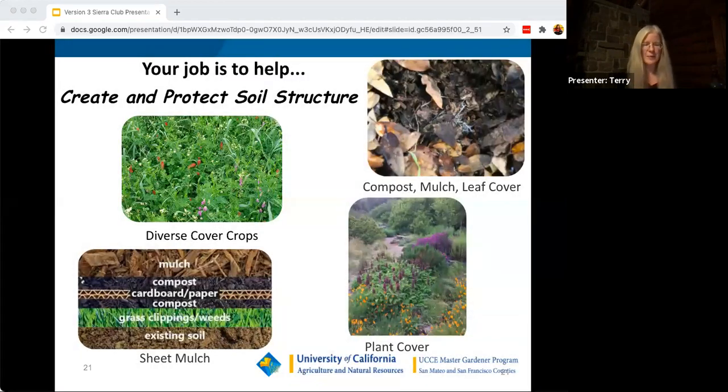So I think it's pretty clear that our job is really to help the microbes create soil structure and to protect that soil structure. As Nancy said, if there's not protection, that soil is going to dry out and blow away.